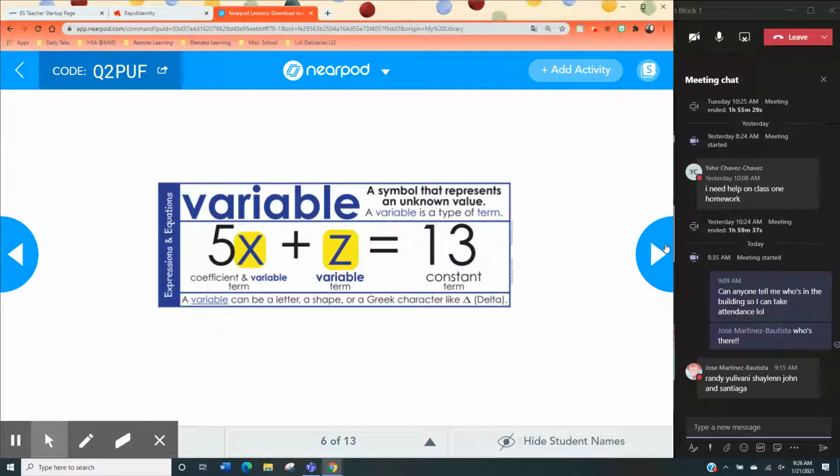A variable does not need to be next to a number or next to a coefficient for it to be considered a variable. If a number is by itself, it's considered a constant. If it is right next to a variable, it's considered a coefficient. That is important to know.